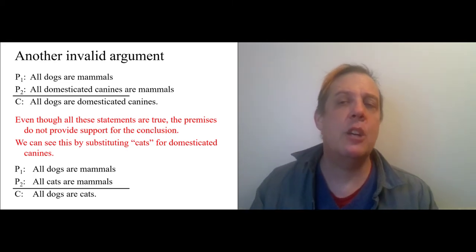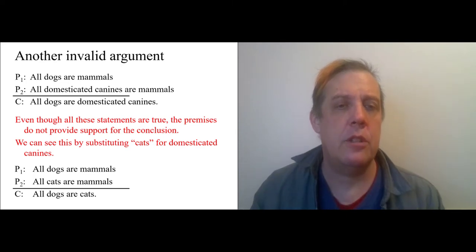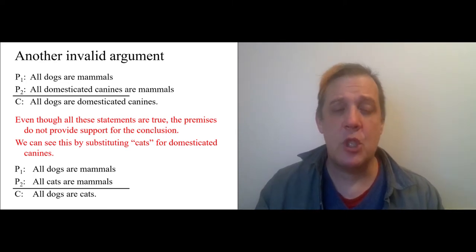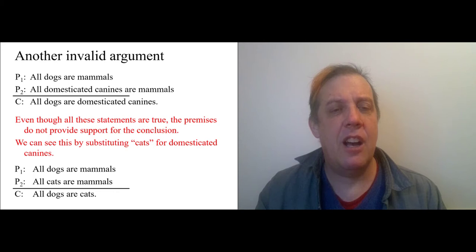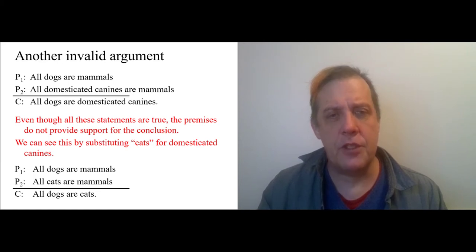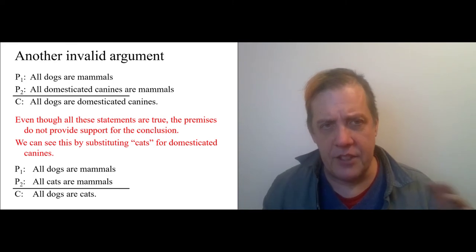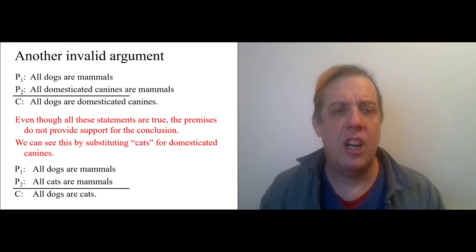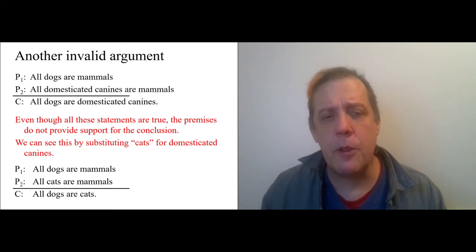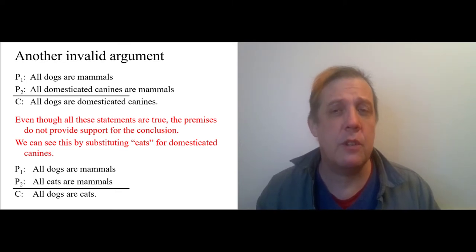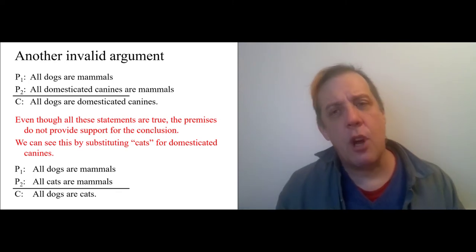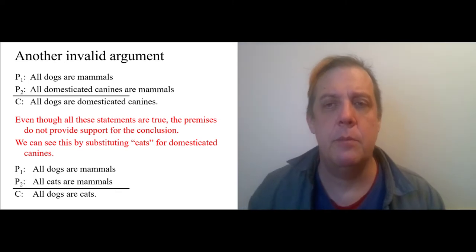Suddenly, we have the same argument structure, but true premises and a false conclusion. So when you look at it as this structure, you can see that it is possible for the premises to be true and the conclusion false, and therefore the argument is invalid.